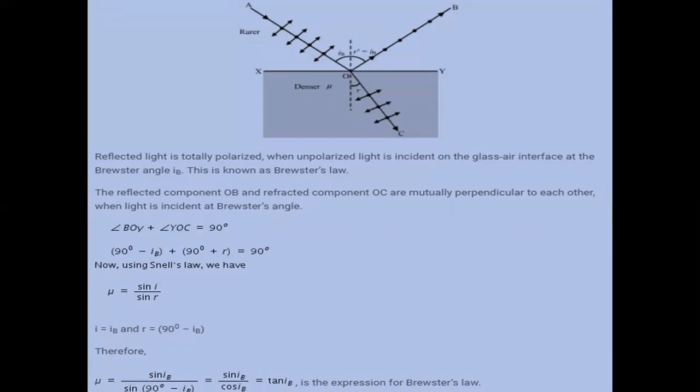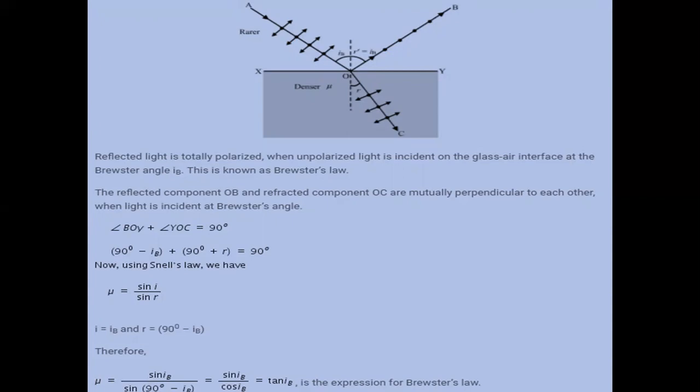So, from the figure, we say that angle BOY plus angle YOC is equal to 90 degrees, because the reflected ray is completely polarized. Using Snell's law, we can say that mu is equal to sin I by sin R. I is the incident angle and R is the refracted angle.